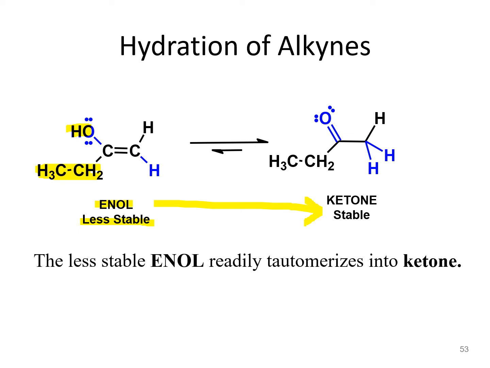This one is the R dash group. So when the R dash group is an alkyl, as in this case, the enol is converted into the ketone molecule. It isomerizes, or another term used for this reaction is tautomerization, into a more stable product.